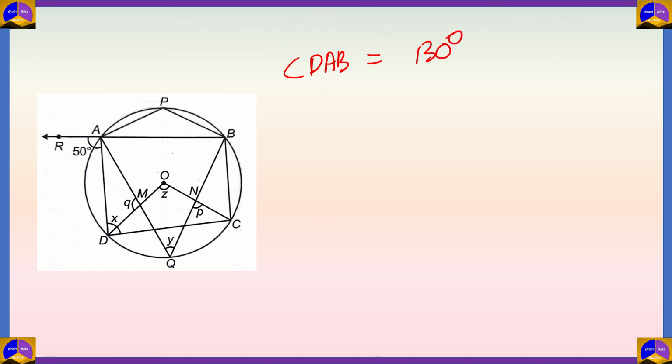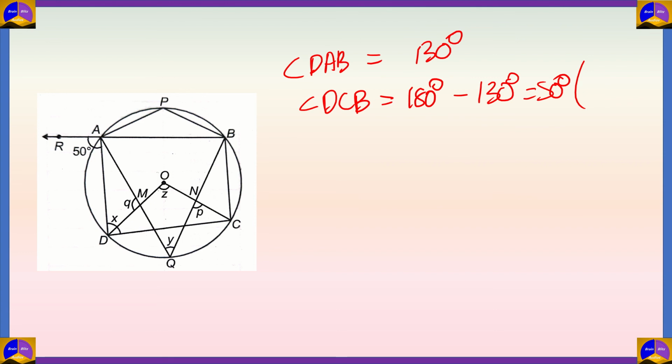So angle DCB would be equal to 180 degrees minus 130 degrees, which is equal to 50 degrees. The reason is quadrilateral ABCD is a cyclic quadrilateral. So we get the value of DCB as 50 degrees.